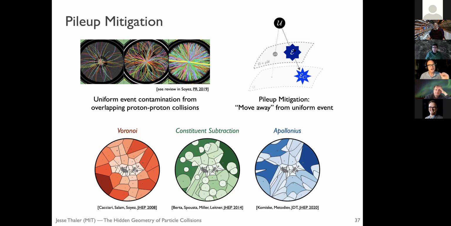If you want to literally go away from uniform, there's a whole field devoted to understanding tilings of spaces, and a particular tiling called Apollonius tiling turns out to correspond to solving the problem of how you optimally move away from uniform configurations. This one has never been used experimentally.